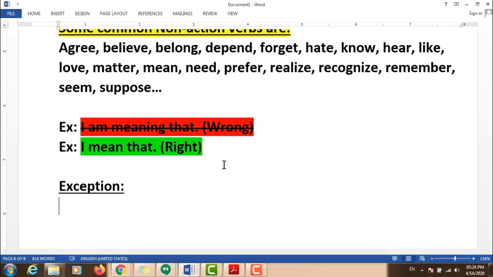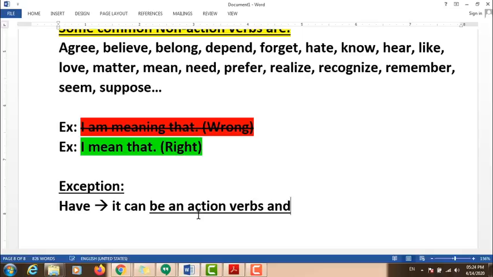It can be an action verb and a non-action verb. For example, I have a cat.